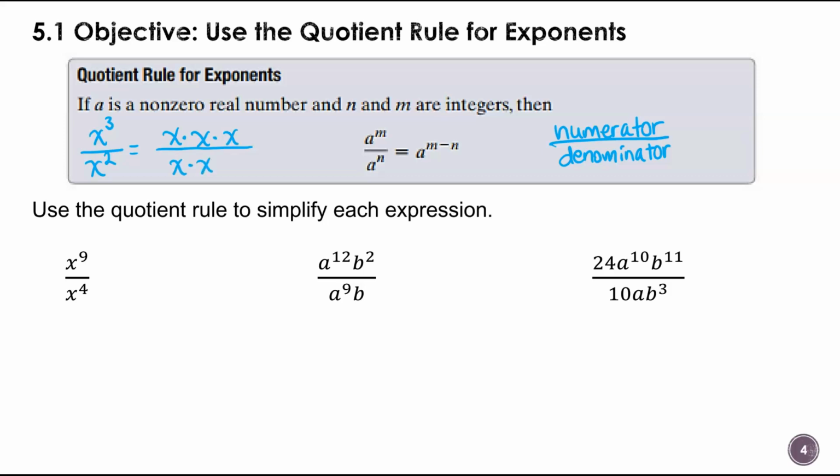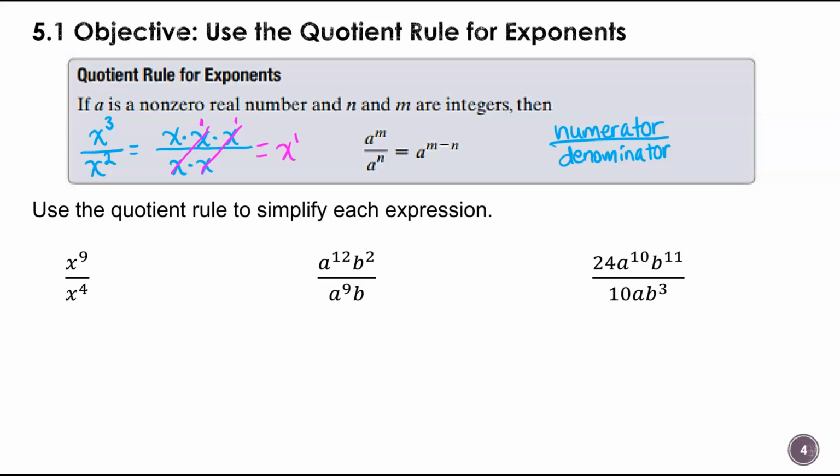Now I can remove, right, x divided by x is 1, x divided by x again is 1, and what do I have left? I have x to the first power. If I take 3 minus 2, that's 1, so it's x to the first power, and we don't have to write that 1 on the x. We can just write it as x.